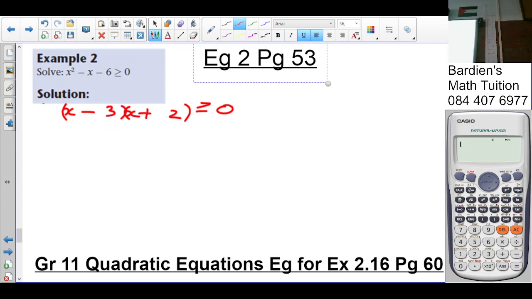Okay. So what do I write next? Or must I say x is equal to 3 and x equal to minus 2? No, we write our critical values. Critical values are 0 values. What are the critical values? Negative 2, yes, and 3, or 3 and negative 2.